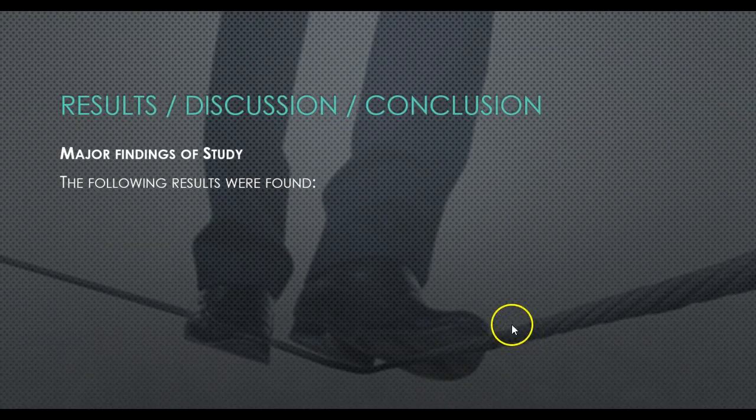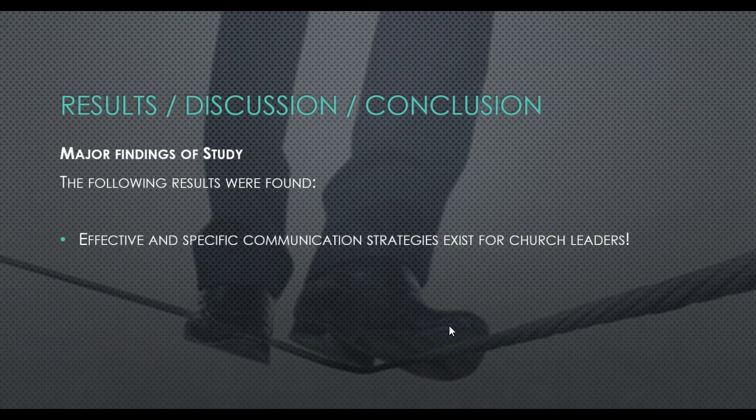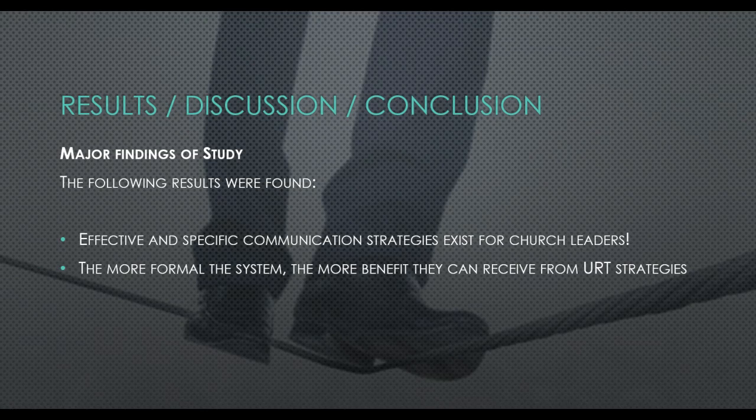So let's go ahead and move toward the last section here, which is the results, discussion, and conclusion. So the major findings of the study, the following results were found. One, that effective and specific communication strategies exist for church leaders. Two, the more formal the system, the more benefit they can receive from URT strategies.